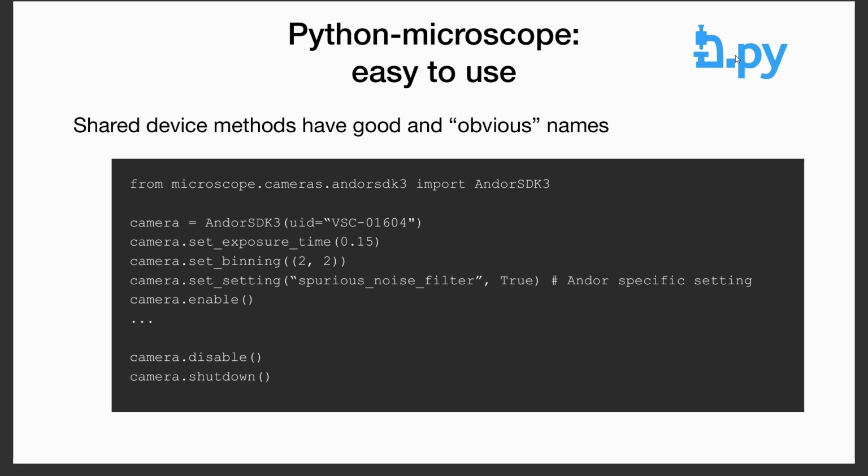We try to use a homogeneous set of functions across different devices which are Pythonic and easy and obvious to understand. That's not always easy because different cameras call different things differently.